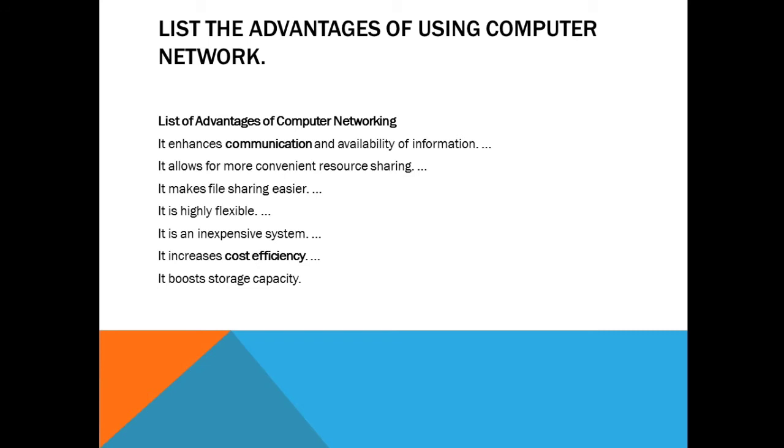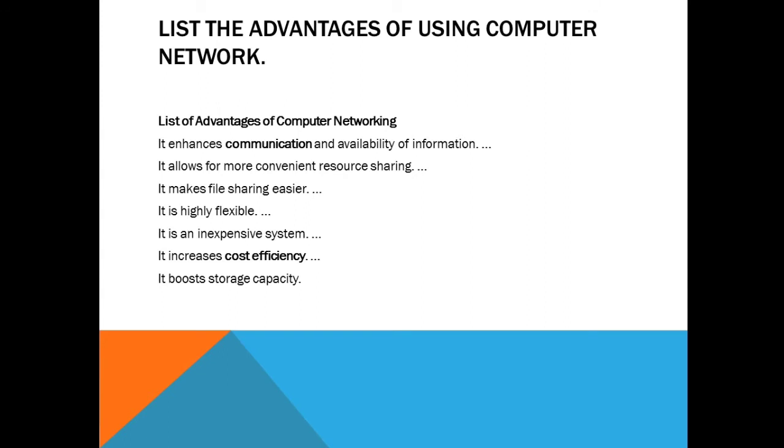There are many more options if you are using a computer network. It makes file sharing easier, gives high flexibility, makes systems inexpensive, increases cost efficiency, and boosts storage capacity. All these are key advantages of using a computer network. So remember all these points and write them down if the question comes up in your examination.